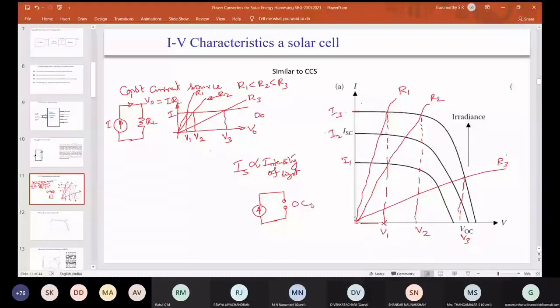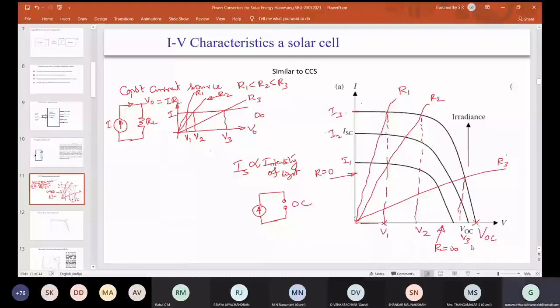Similarly, this is the R equal to 0 resistance line. Once the resistance is infinity, it is an open circuit, and this is the voltage which will get developed. This is called VOC, the open circuit voltage. When you keep the solar cell open, this is the voltage you can measure.